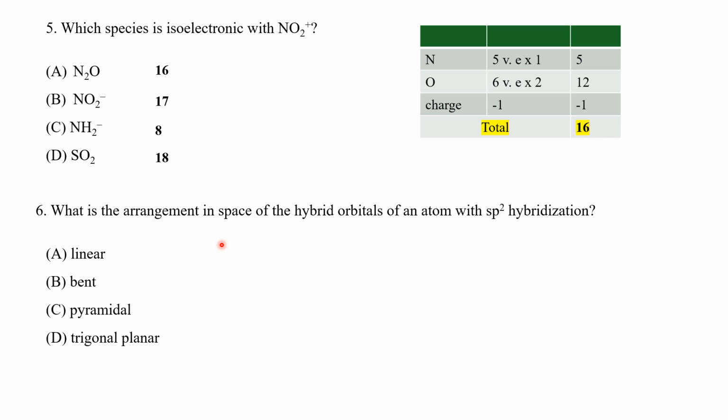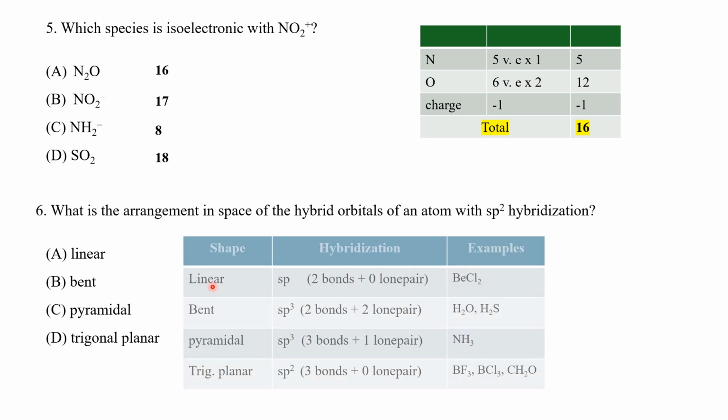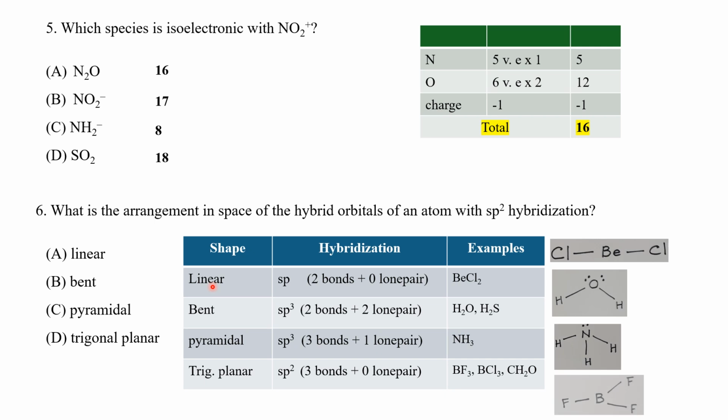What is the arrangement in space of the hybrid orbitals of an atom with sp2 hybridization? There are four answers given. They are molecular geometries: linear, bent, pyramidal, and trigonal planar. What are their hybridizations? Linear geometry is sp hybridization.